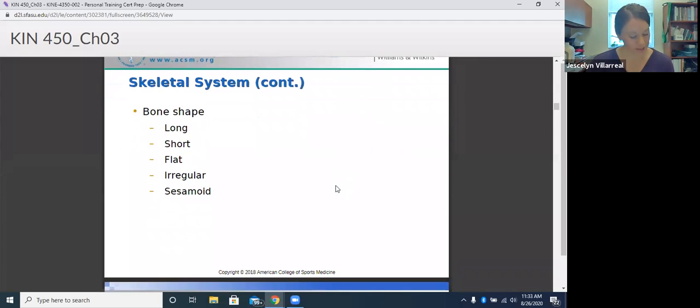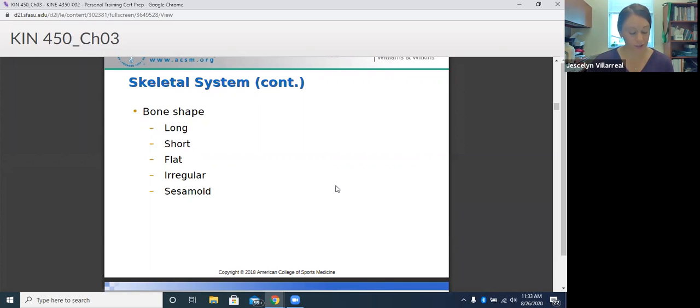All right, bone shape. So now we're getting into different shapes of bones. Your long bones, you might think like a femur, your tibia, your ulna, that has diaphysis and a medullary canal. Your short bones are small and thick, so think your carpals, your tarsals, and your flat bones are plate-like, so think of your sternum or your ribs.